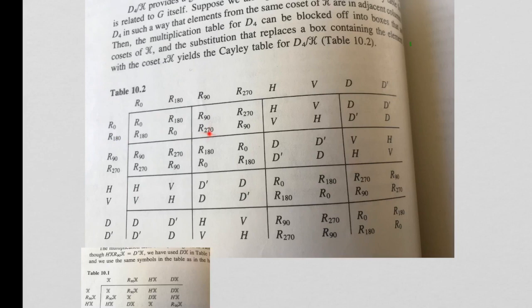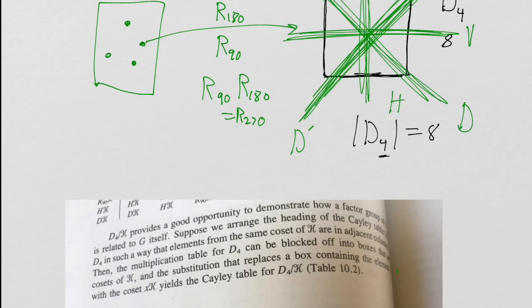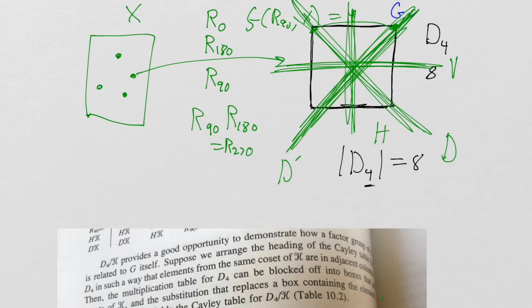So R180 times R90 is R270. R180 times R180 is, of course, the identity. So R180 is its own inverse. That's kind of a nice little feature. R180 times R270 is R90. R180 times a horizontal flip is a vertical flip. Oh, that's a good way of checking to see if we figured this out the right way.